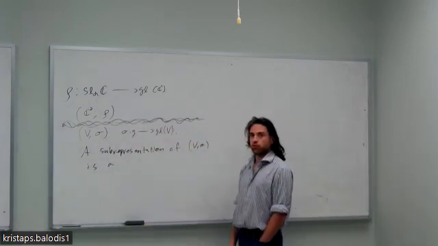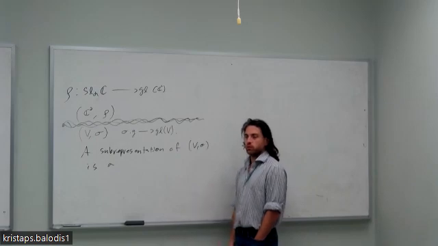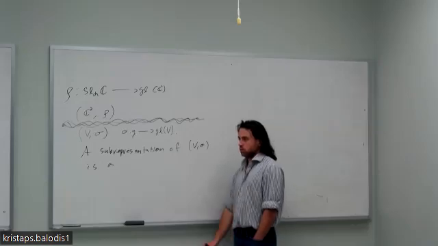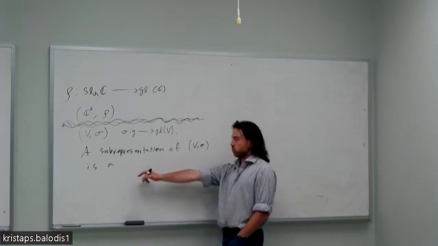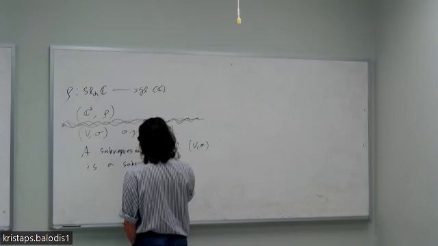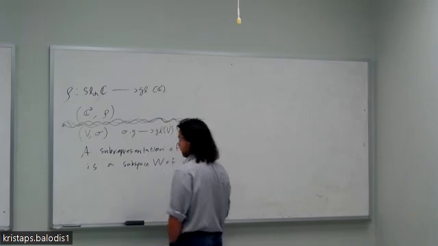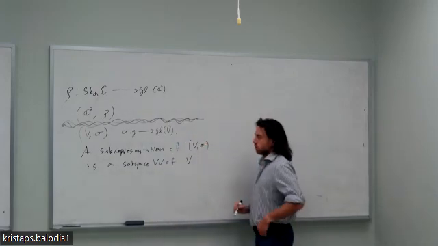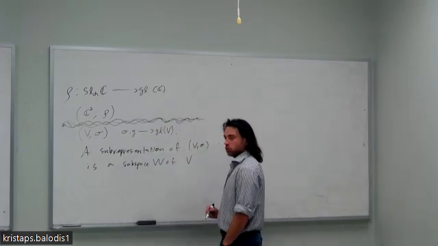But it's not just a representation, it's a sub-representation of V, sigma, so somehow it should have something to do with V, sigma. Would it be W, sigma, where W is a subspace of V? Certainly W is a subspace of V. What else should be true?